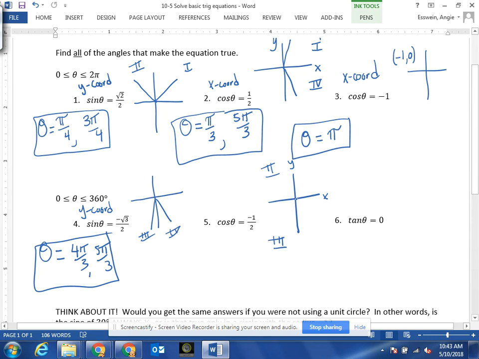And it's going to be the tall triangle again, I believe. Yes. So these are thirds. So we get 2 pi over 3 and 4 pi over 3. Nice. And the last one, where the tangent is 0, is at pi and 2 pi.